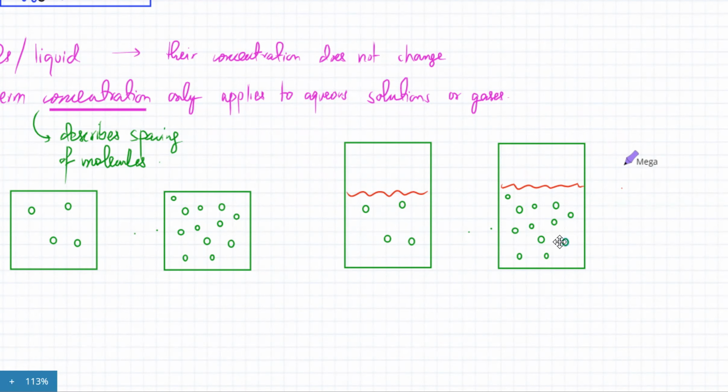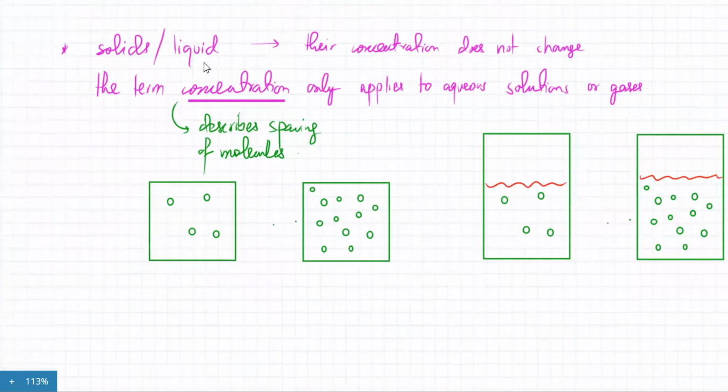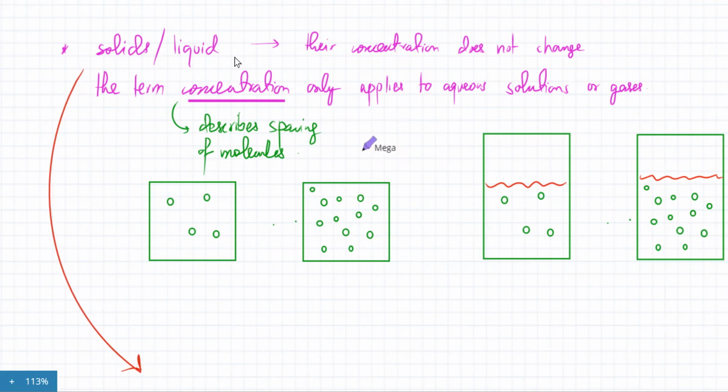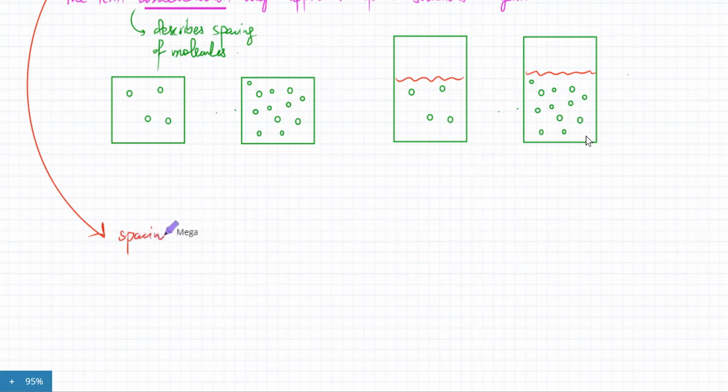So gases and solutions. But it doesn't apply to solids and liquids. Why not solids and liquids? Because in solids and liquids, the spacing never changes. The spacing between the particles never changes. The particles can be far apart or close together in gases, and far apart or close together in solutions. But the spacing between the particles never changes.